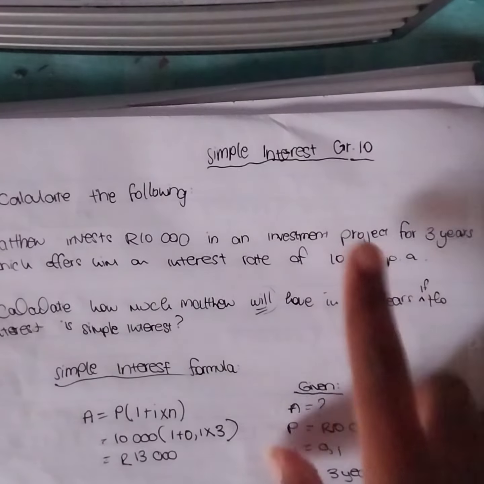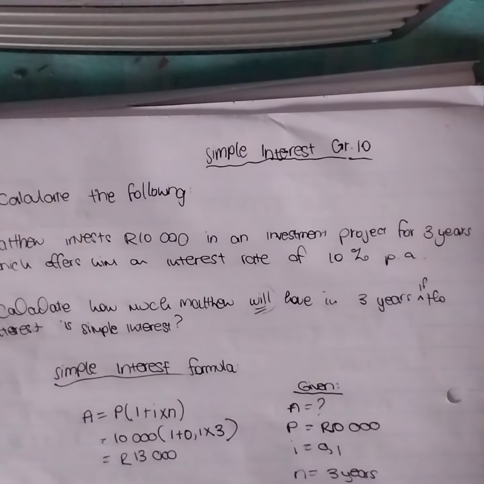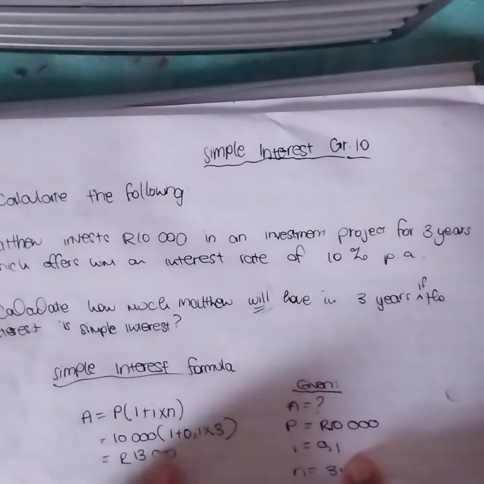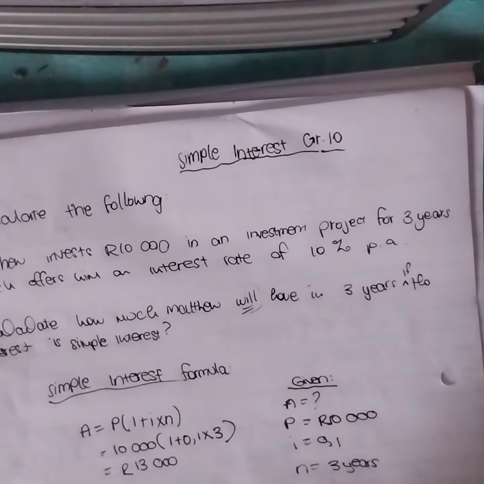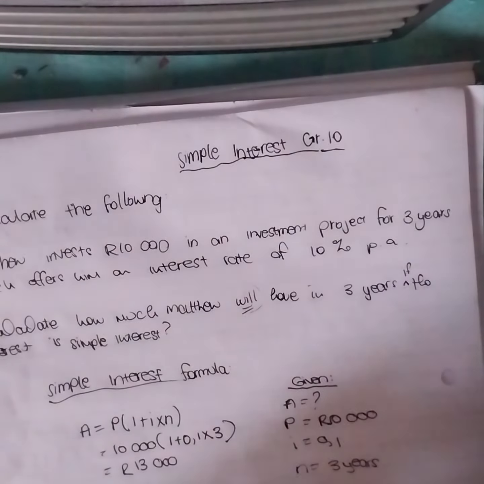Or you can just say your percentage over 100, which gives you the same thing. Plus 0.1 multiplied by your number of years, which is 3. When you punch it all in your calculator, it's going to give you 13,000.